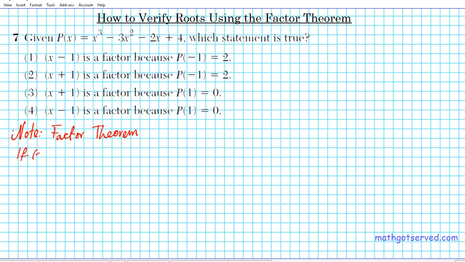If x minus a is a factor of some polynomial, let's say f of x, or let's put it this way, x minus a is a factor of f of x if and only if f of the related root for that polynomial factor, which is a, is equal to 0.